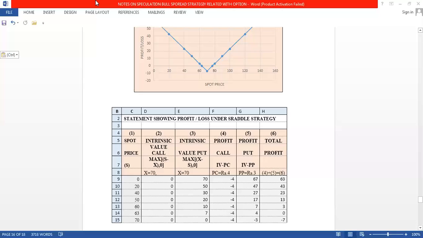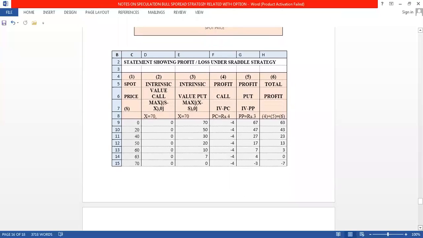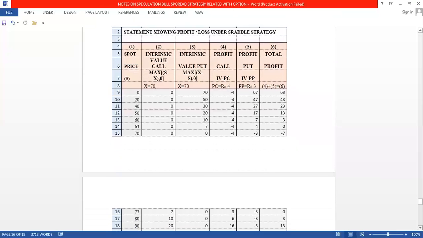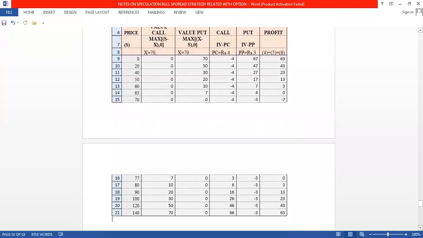Here we have assumed that the price of the underlying asset share can be 0, 20, 40, 50, 60, 63, 70, then 77, 80, 90, 100, 120, 140. These are assumed spot prices.